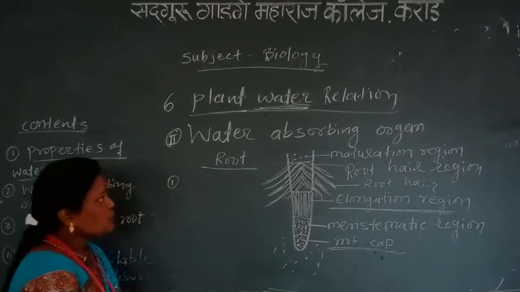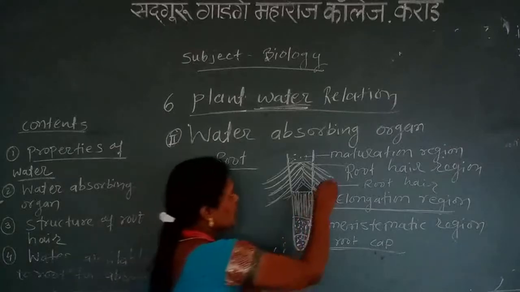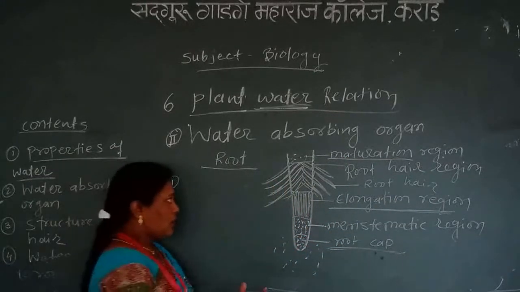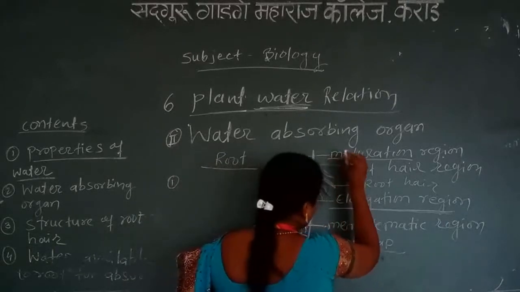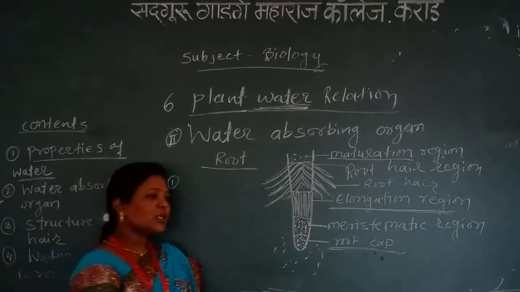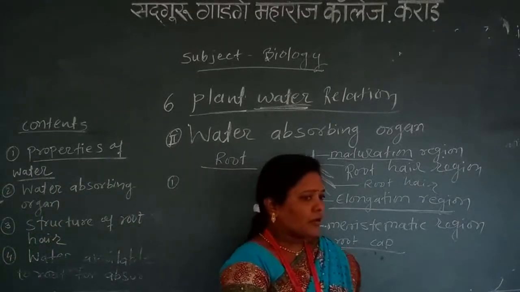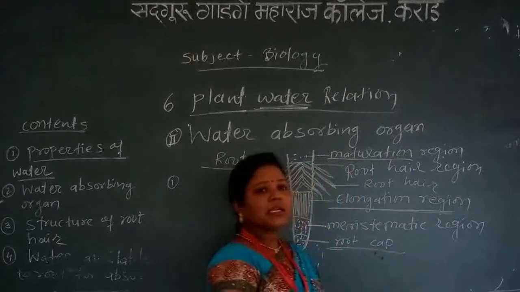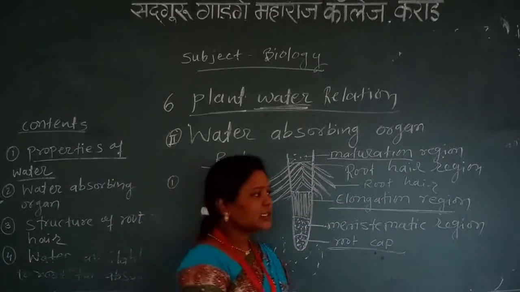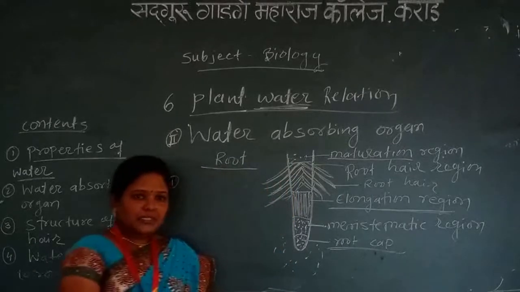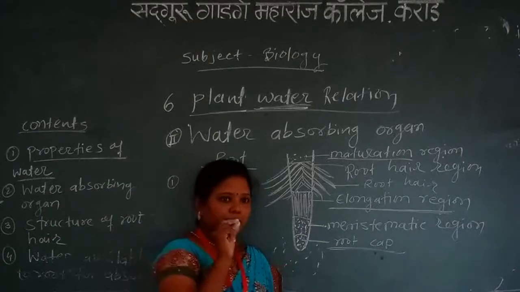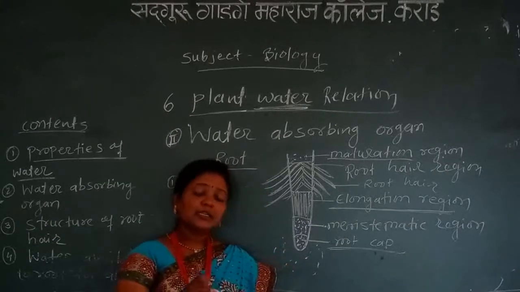Then the last one is the maturation region. In this region, the last stage of maturity is reached. It shows differentiation and maturation of primary and secondary tissues. What is meant by primary and secondary tissues? Primary tissues are, for example, parenchyma, collenchyma and sclerenchyma.